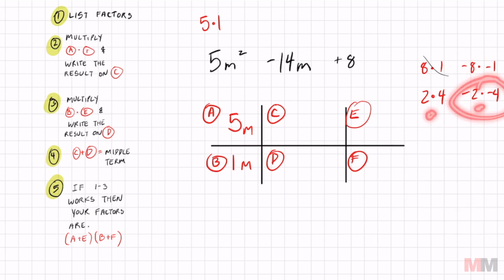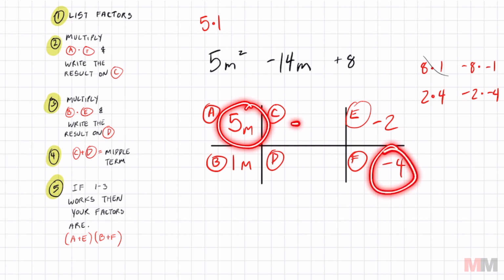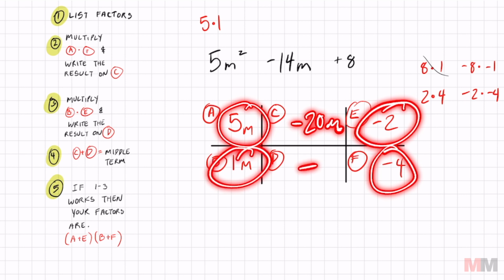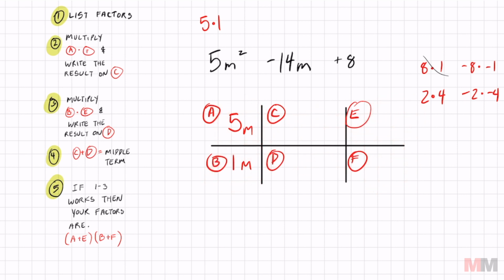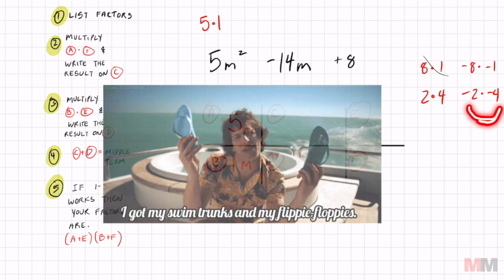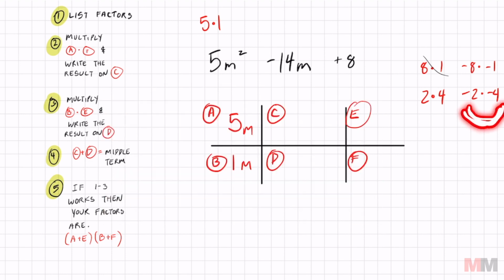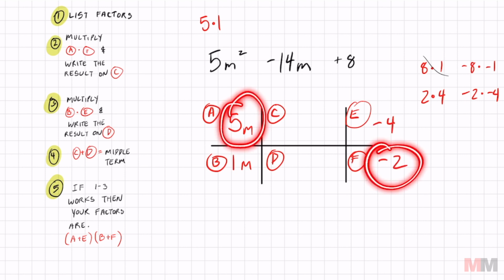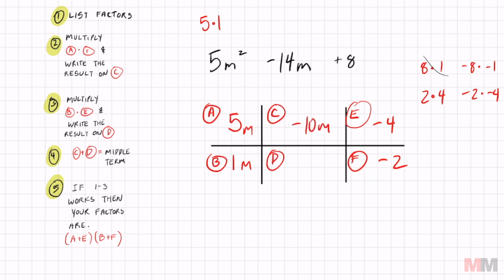Let's try negative 2, negative 4. And you can kind of tell 5m times negative 4 is negative 20m. I'm not even going to write that one. Negative 2 times 1, negative 2m. Not gonna work. Don't forget that you can also flip-flop the numbers before you cross that off. And if I try negative 4 times negative 2, let's try that one. 5m times negative 2 is negative 10m, and 1m times negative 4 is negative 4m.